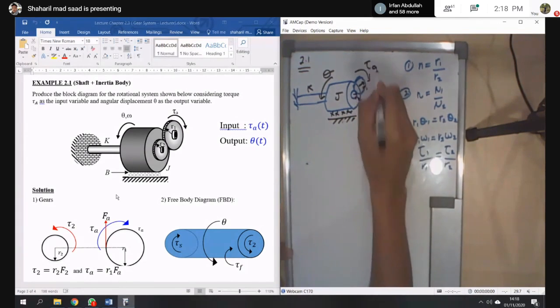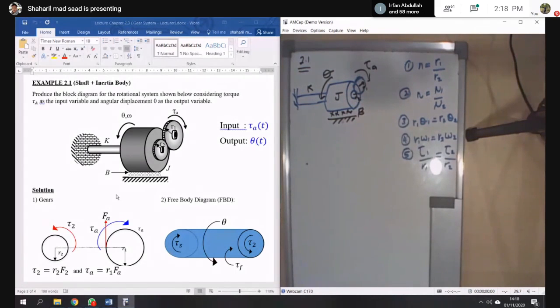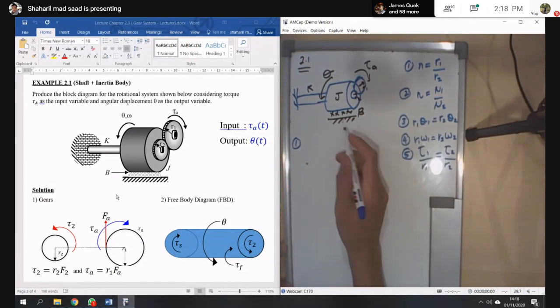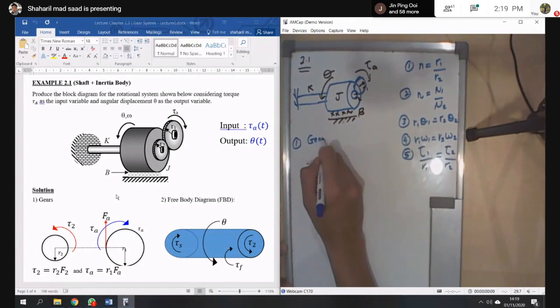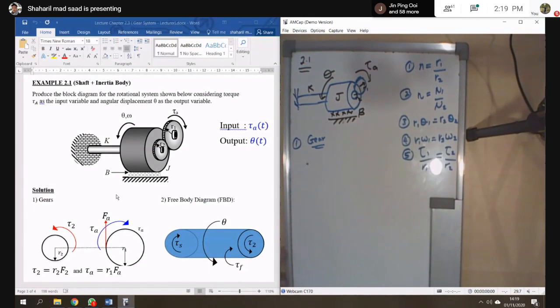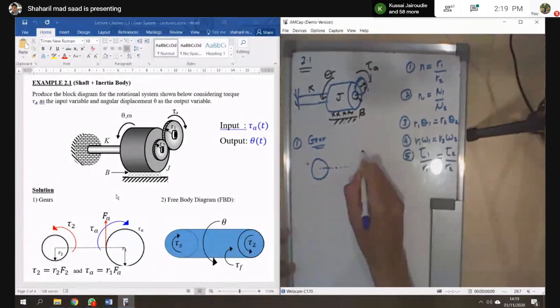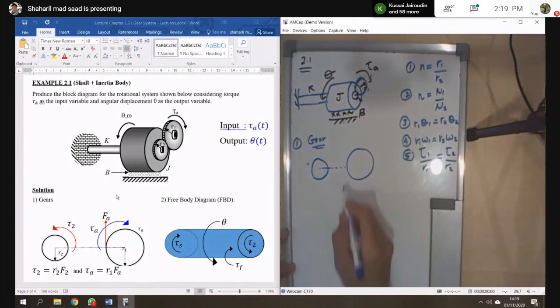And you will have the TA here. Okay, so first you need to draw the free body diagram, but you need to look at the gear first. Okay, look at the gear. So now you will have the small gear, and then you will have the biggest gear. Right. Okay.